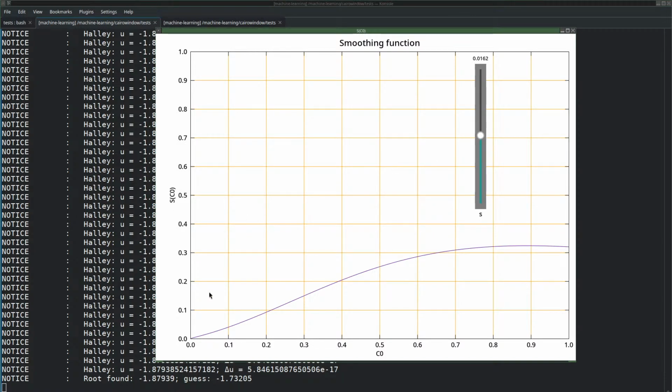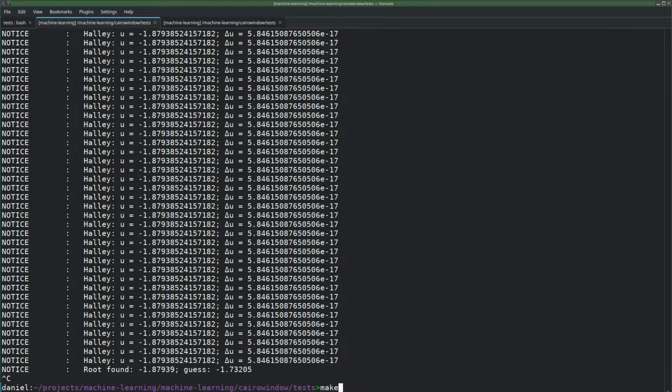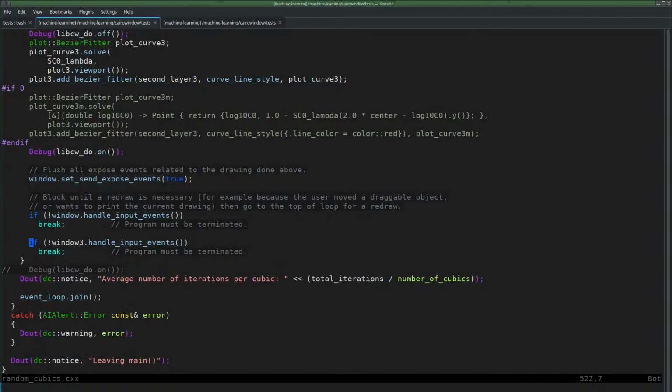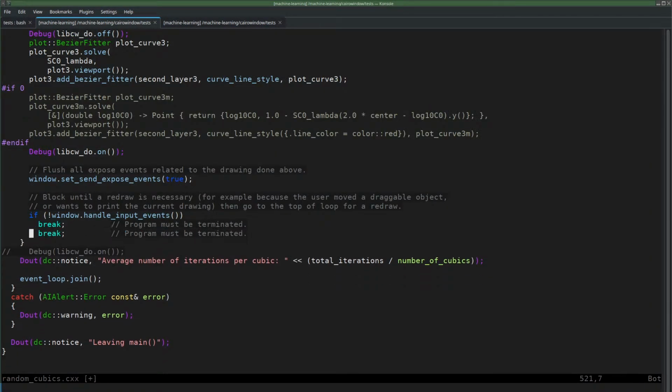Okay, better solution. Simply replace this one.